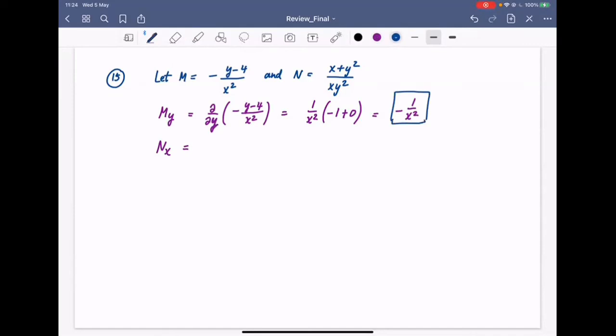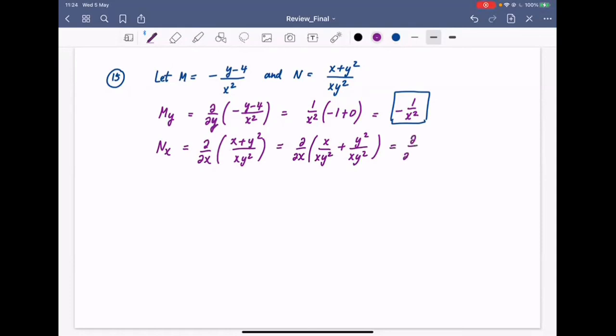Hopefully, when we do N subscript x, you get the same thing. Okay, differentiate with respect to x. Well, to just make it easy, I'm gonna separate it in two terms. So I'm gonna get x over xy squared plus y squared over xy squared. So we are smart. We are not going to just use the quotient rule because it's so terrible.